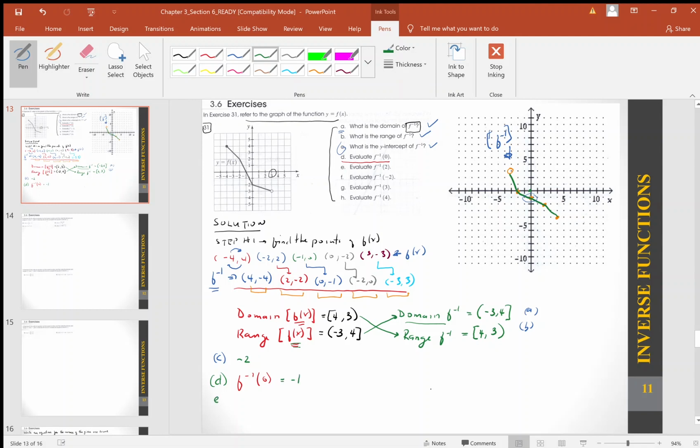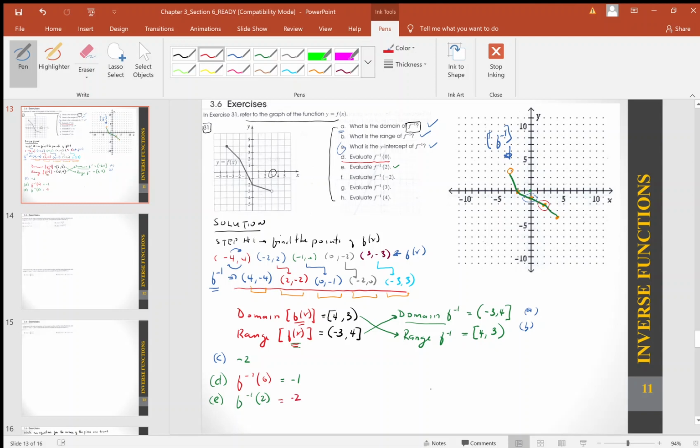Okay, A, B, C, D, E. Our E is f inverse of 2. So you look for 2, 1, 2, and then you find the corresponding y value, which is right here, which is -2.